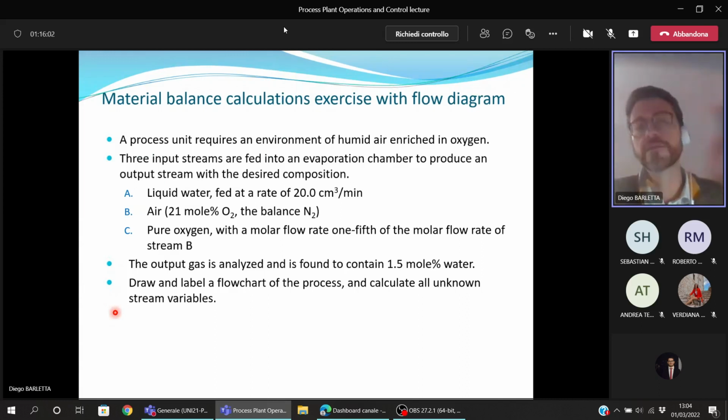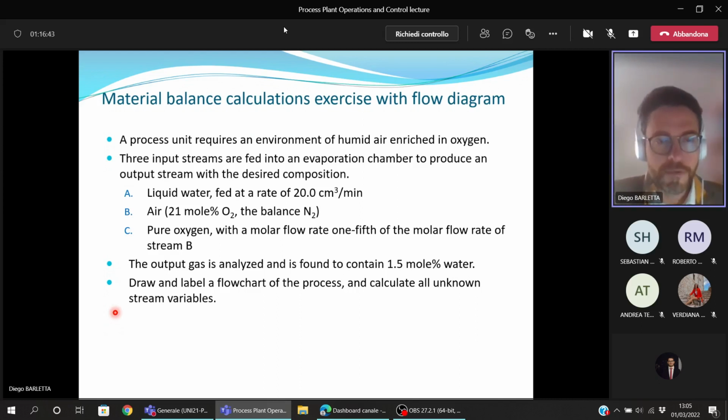The balance is nitrogen, so we neglect minor components like argon. Then there is stream C, pure oxygen with a molar flow rate 1/5 of the molar flow rate of stream B. So here we have information that is not explicit, but is given as a flow ratio, the ratio between this stream and stream B in terms of moles.